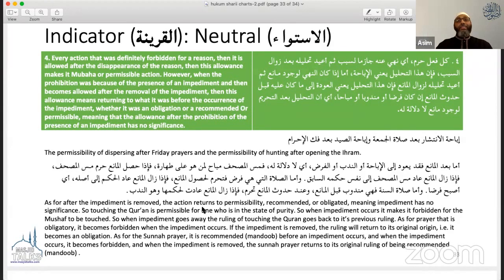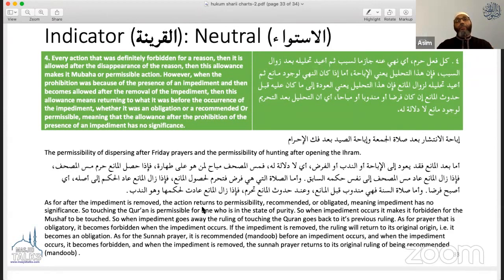Now, what he is talking about is this: if an action was haram because of that reason, because of the mani', and then that reason disappears, then the hukm goes back to its original state, which is the mubah or permissible action. So that's one aspect of it.